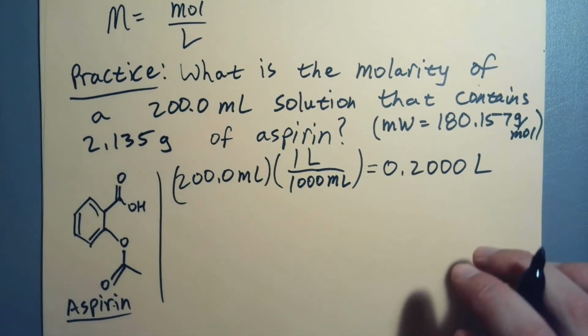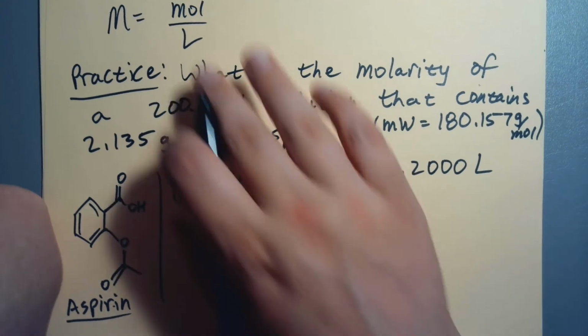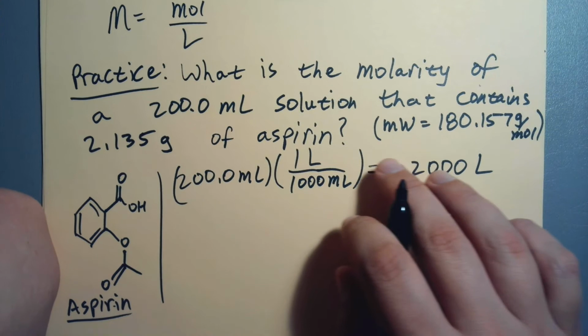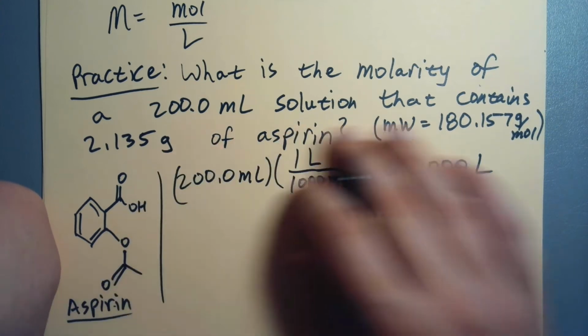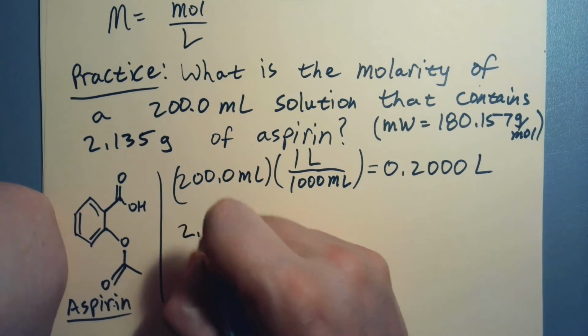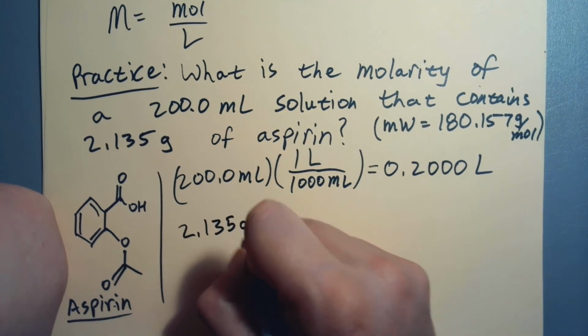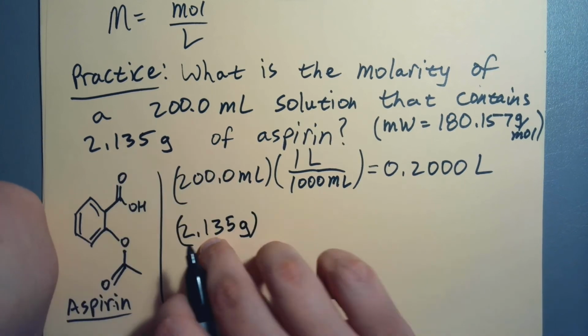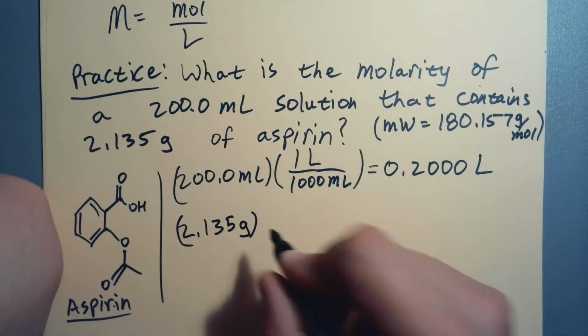Noted. Okay, so I have liters now, but what about moles? What do I do? Well, pay attention to your units. I've got to go from grams to moles. So I know I have 2.135 grams. This is known to me. I've got to flip that into moles. How many moles of aspirin is that?